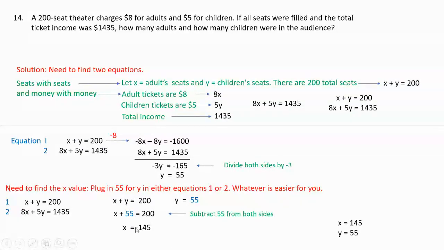And that'll be my answer for x. So the x is 145 and the y is 55, right? But x represents adult tickets. So here's my answer: 145 adults and 55 children were in the theater.